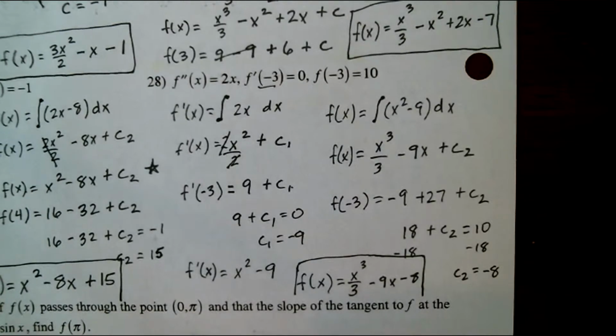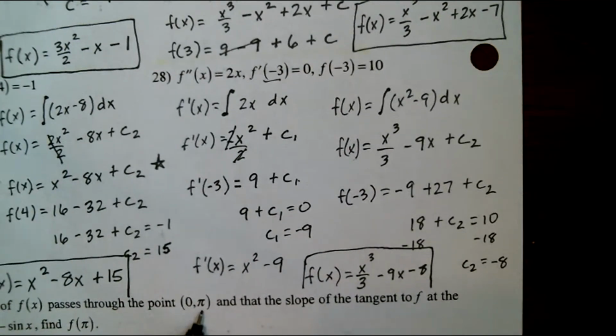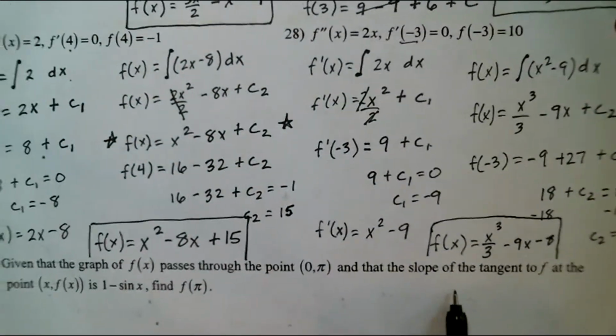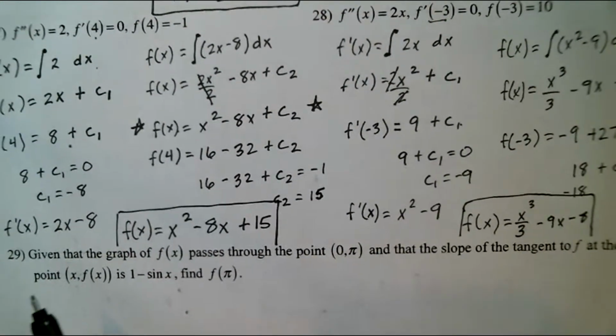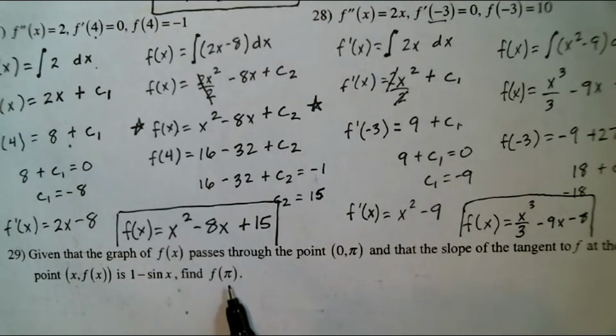Given that the graph of f of x passes through the point 0, pi, and that the slope of the tangent line to f at the point x comma f of x is 1 minus sine x, find f of pi. All right.